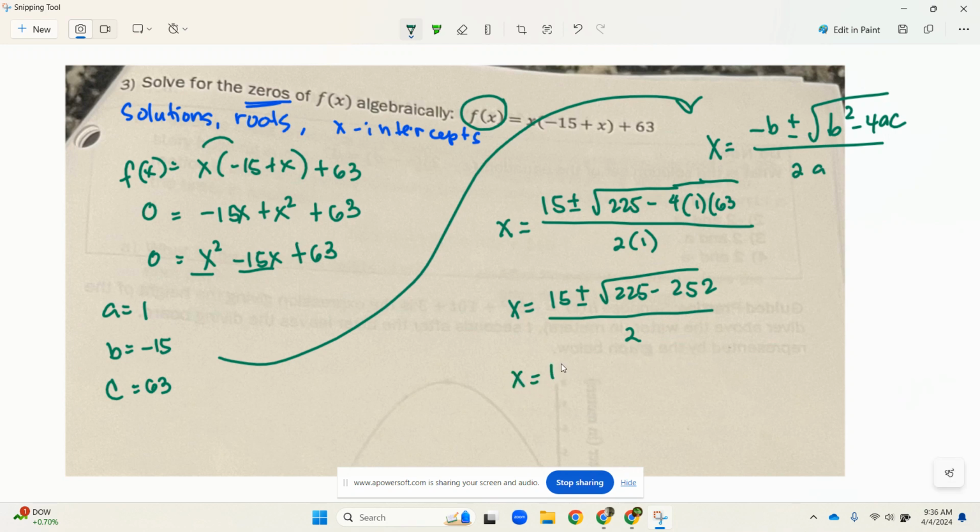So x equals 15 plus or minus the square root of 225 minus 252. That's got to be negative 27, right? So negative 27 all over 2. Now take the square root of negative 27. I'm going to use a different color and continue that here.